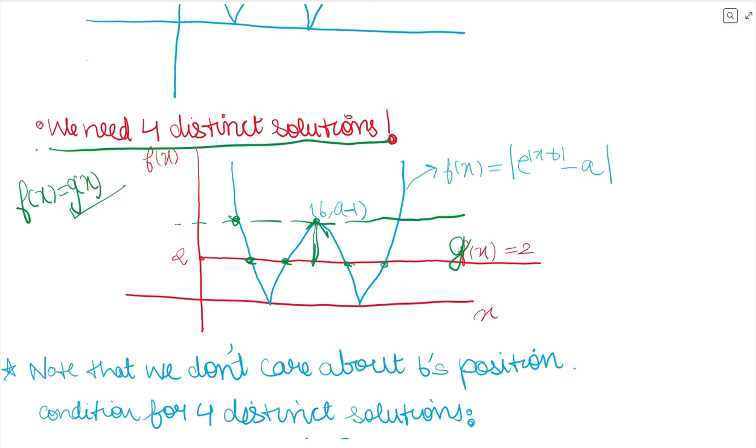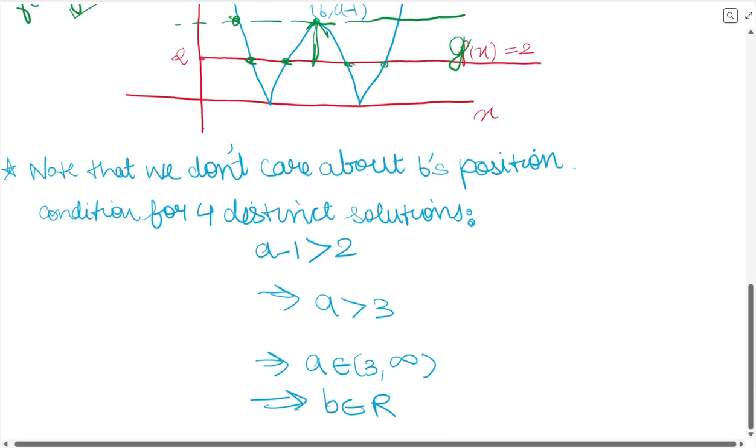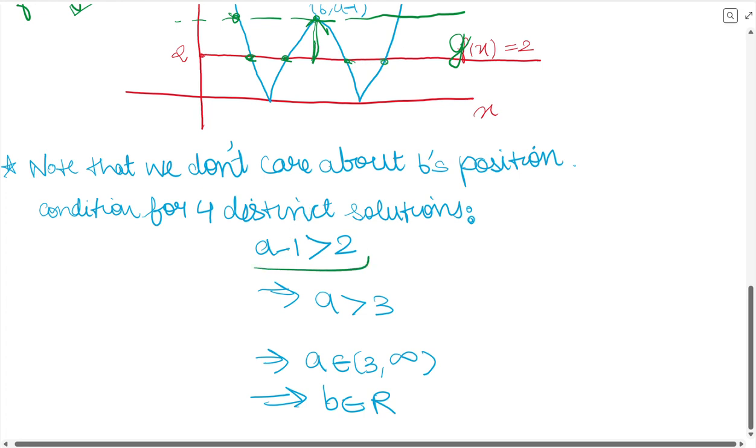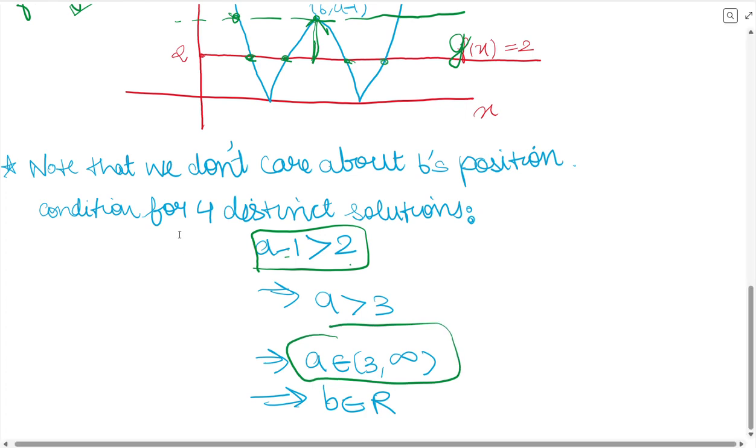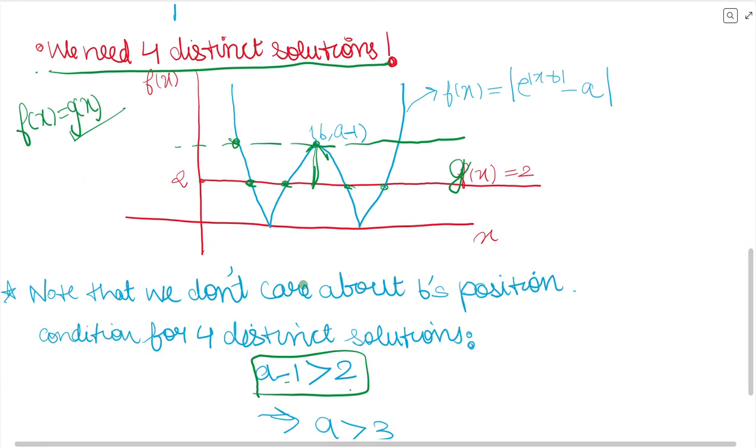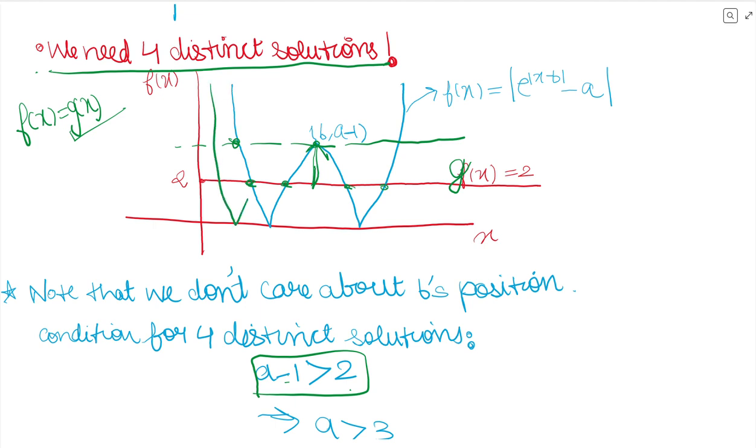Okay. So now we'll put the condition that a minus 1 is greater than 2. Then we'll bring that 1 to the right side. And then finally we'll get the range of a. And did you notice an interesting thing here? No matter where we put the b, it doesn't matter whether we shift this graph towards left or right.